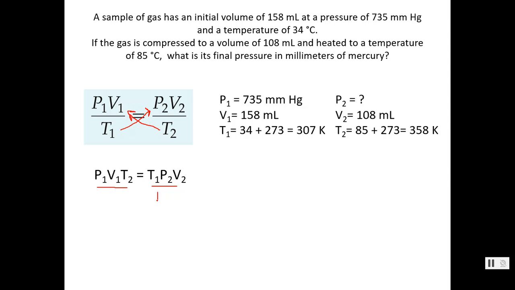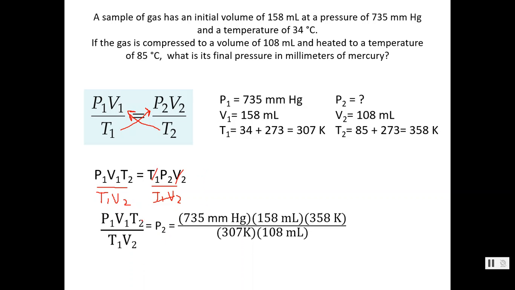I'm going to divide both sides by T1 V2. And so then that cancels with that. So I'm left with P2 on one side of the equation. So more neatly written, I have P2 as P1 V1 T2 divided by T1 times V2.